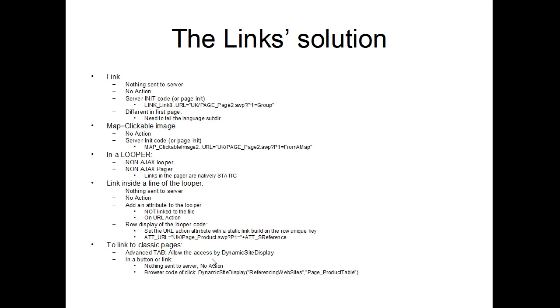So you're going to do a dynamic site display, and your first parameter is going to be the name of your project, without the underscore web. When you're creating a website, you're calling it my website. On the web, it's going to be installed in a directory where you have a my website underscore web, and all your URLs are going to contain that.